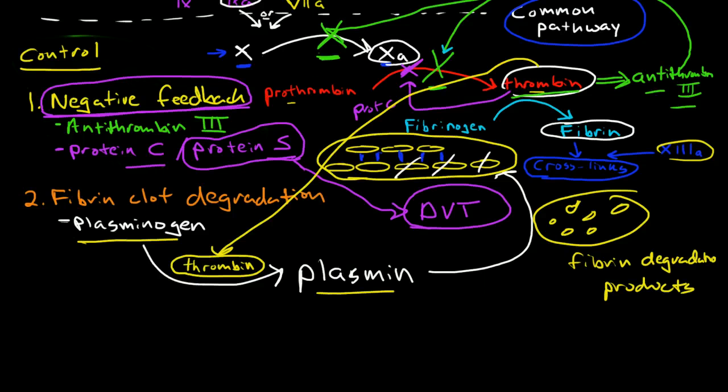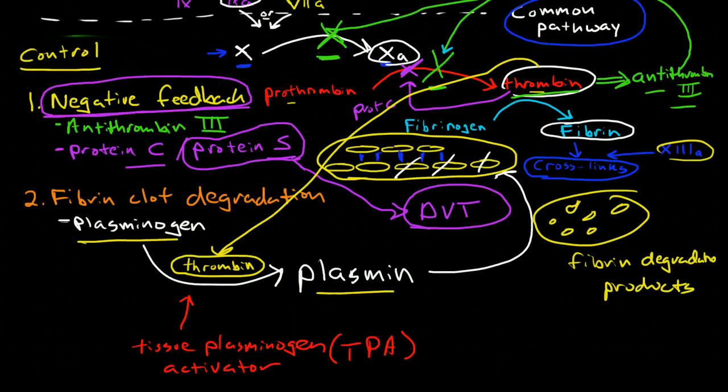And then the other is a protein many of you have heard of called tissue plasminogen activator, otherwise known as TPA. And you probably have heard of this because this is actually a protein that we have figured out how to create, and we use it clinically to break up clots.